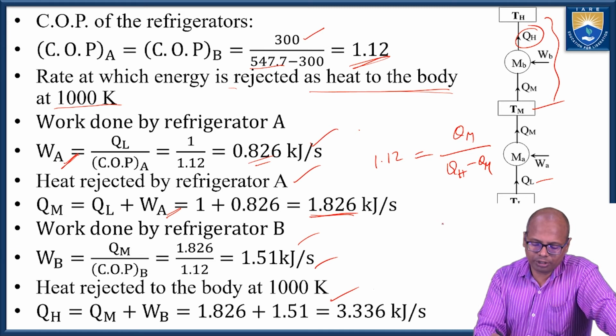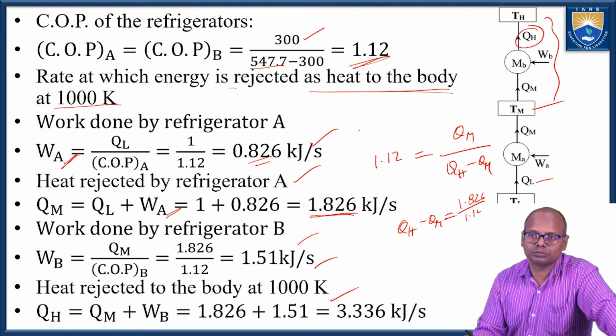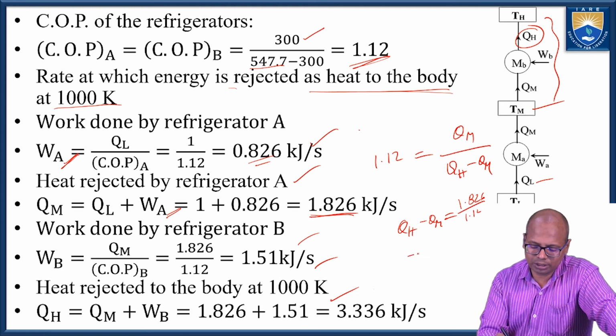Now if I do it like this, I am getting QH minus QM is equal to QM, which I have already found as 1.826, divided by 1.12. So I know this answer, and that is equal to 1.51.